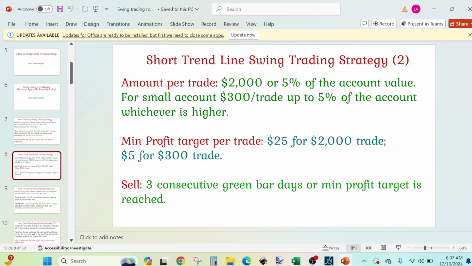But if 5% of your account is smaller than 2,300, per trade could be the minimum to allocate, and aim for about $5 profit. So that allows me to trade often, to practice the swing trading strategy.